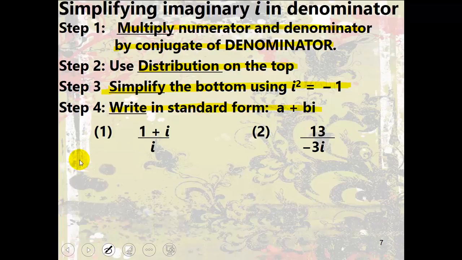So I'm going to multiply both the numerator and the denominator by the conjugate of i, which is negative i. That's step one.